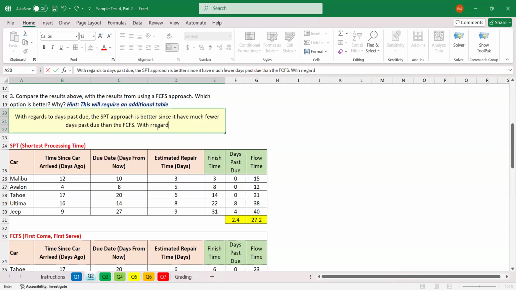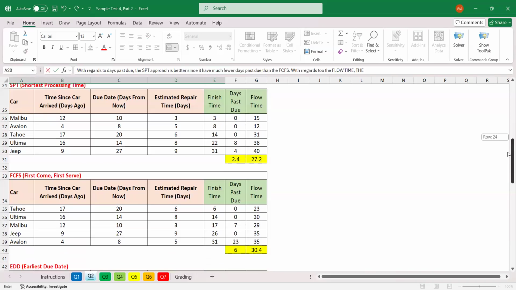With regards to the flow time, let's look at the flow time. Okay. So you notice here the flow time for the shortest processing time is 27.2. The flow time here for the other one is 30. The flow time is just how much total time does your customer have to wait on average for their vehicle. 27 is definitely better than 30.